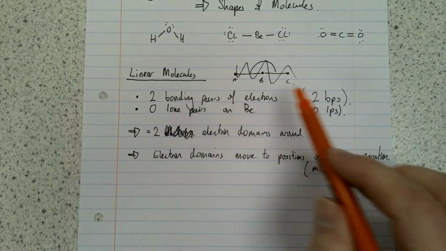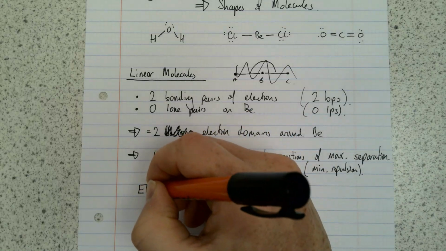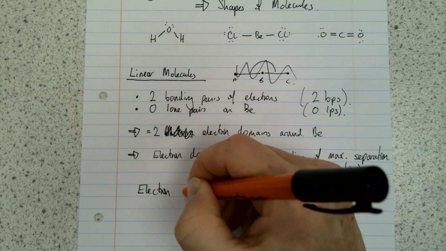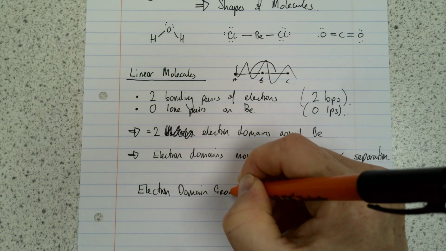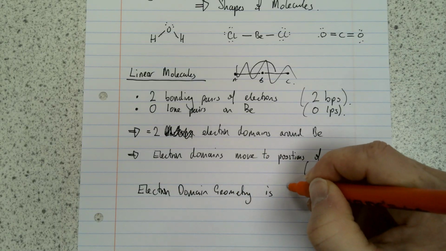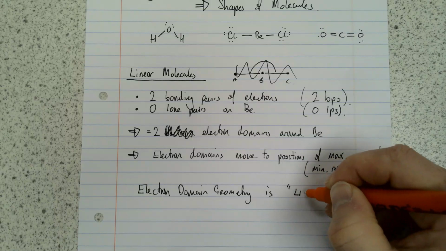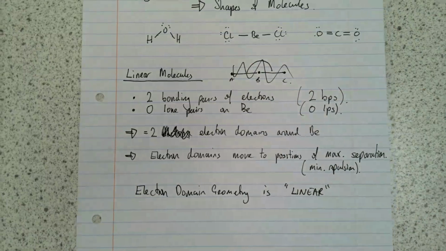And that means that the geometry we're talking about, the shape around the beryllium, so this is what we call the electron domain geometry, this is a word you have to learn how to use correctly, is linear, right? That's what we said at the top, linear.